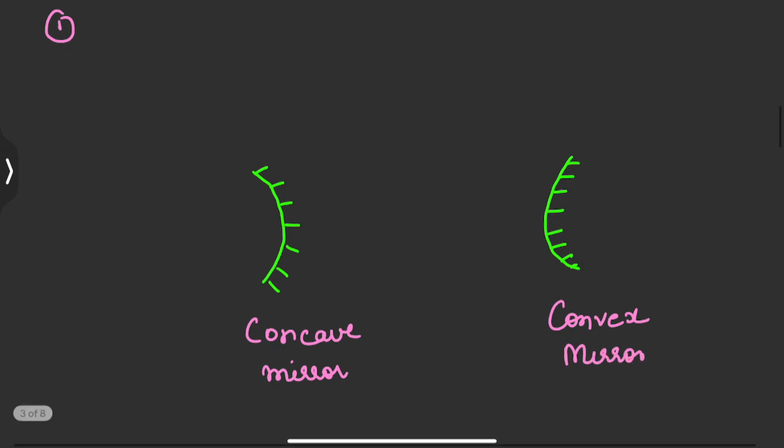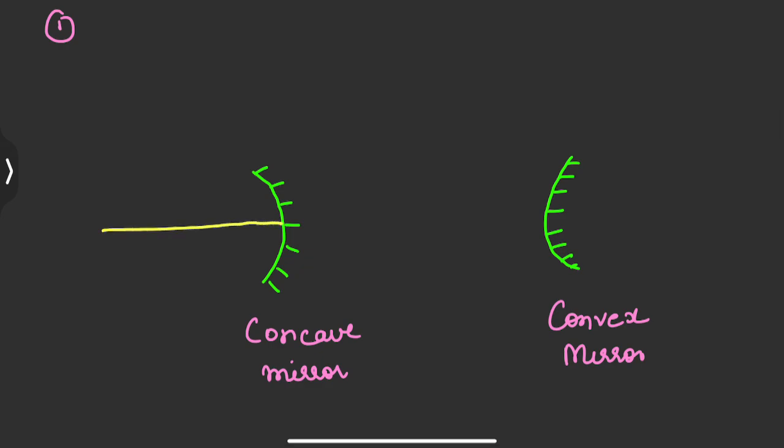Let me write here concave mirror and this is convex mirror. Now we are going to draw the principal axis. This is called the principal axis.